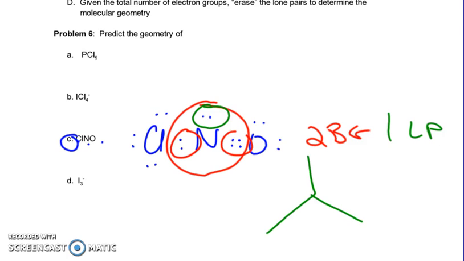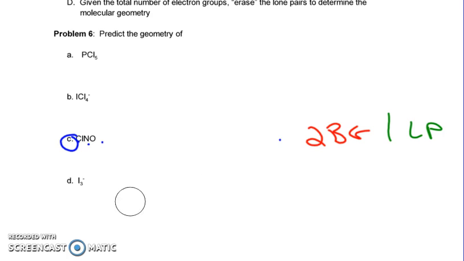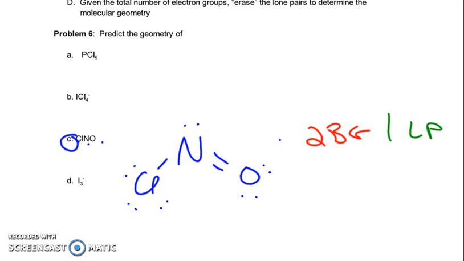Remember that? 3 points of a triangular plane, this is trigonal planar. But how many lone pairs do I have? I have 1. So what shape is that going to be? Bent. So if I were to truly draw this as a better picture, I would probably have done this. Here's nitrogen, here's chlorine, here's oxygen, and there you go. It's a bent molecule.